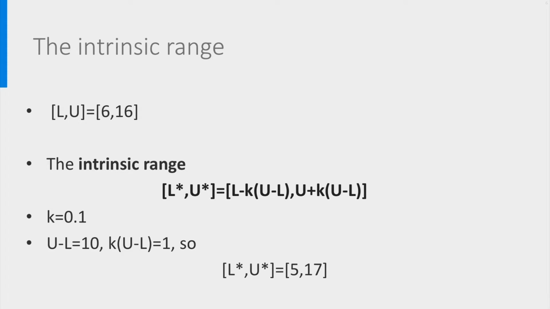For our example, the length of the interval is 10, that is 16 minus 6, so the overshoot, that is k times U minus L, is 1. We get L star U star, the interval, as 5 to 17, and this is the intrinsic range for our question. Remember that this will be the support of this calibration or seed variable. This support is then used to construct expert distributions, as you have seen in the previous video.